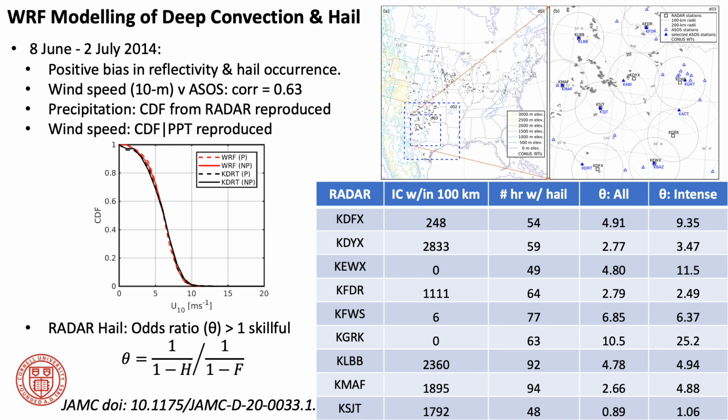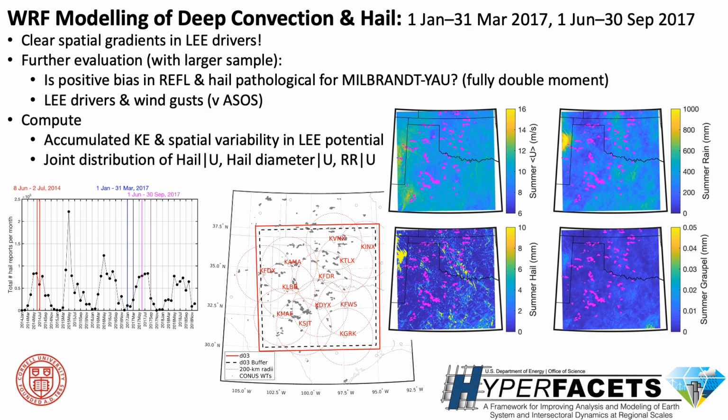What we can see is that with the exception of KSJT, odds ratios at all radar are above 1, and indeed greatly above 1. And if we look at the most intense events, they are well captured. So this gave us some confidence in the performance of WRF.